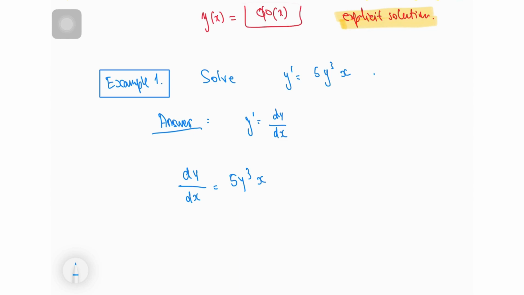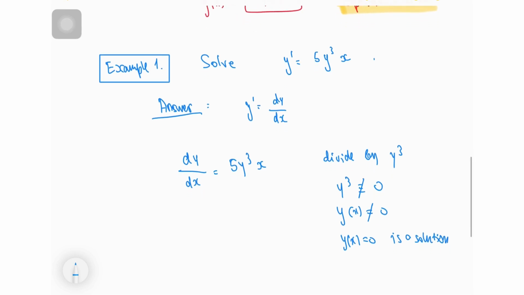A natural way here is to divide by y cubed. Now when we divide, we have to make sure that y cubed is different from 0, or y of x is different from 0. Remember, y is always meant as y of x, so y is not some number, y is a function.